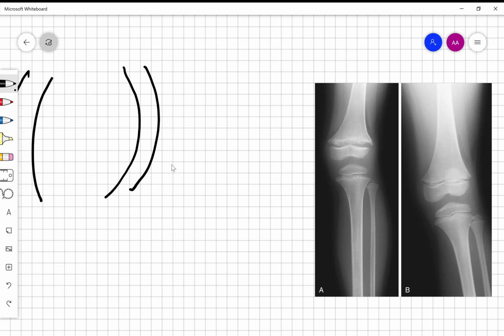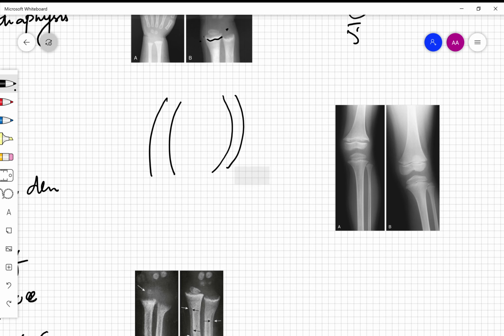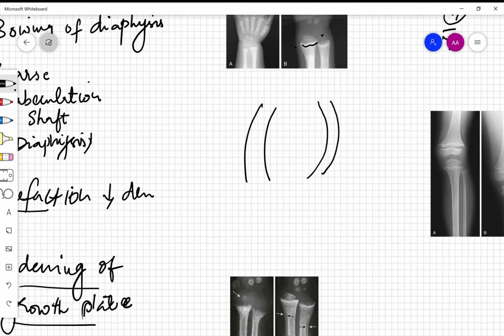There is evidence of calcification now, so we call it the white line of Frankel. It can be easily seen on x-ray, and this is how you can monitor your patient's response.